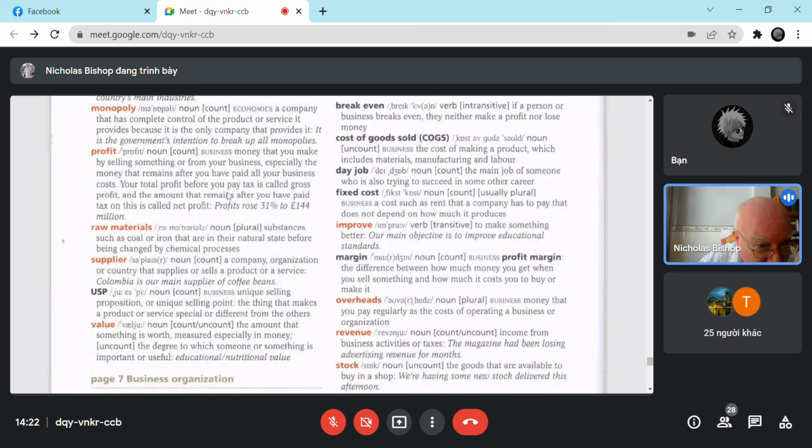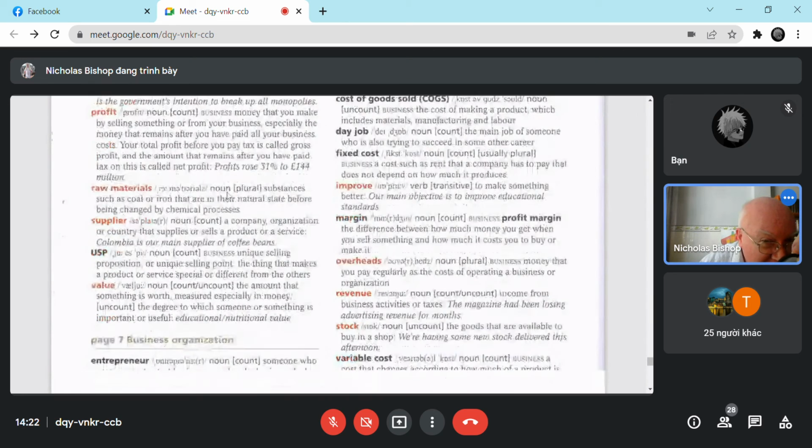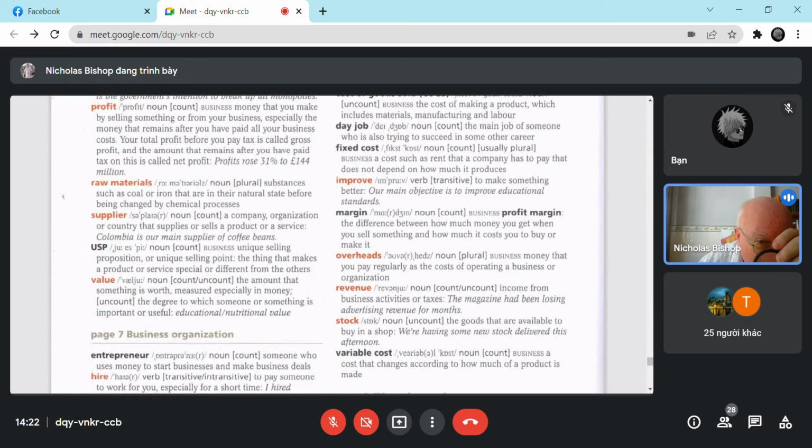It says unique selling proposition or unique selling point. So that's an important term in business: the thing that makes a product or service special or different from the other things.